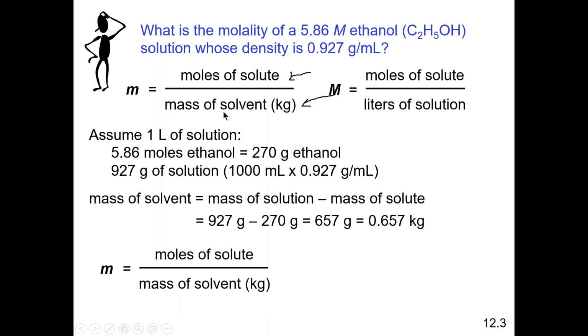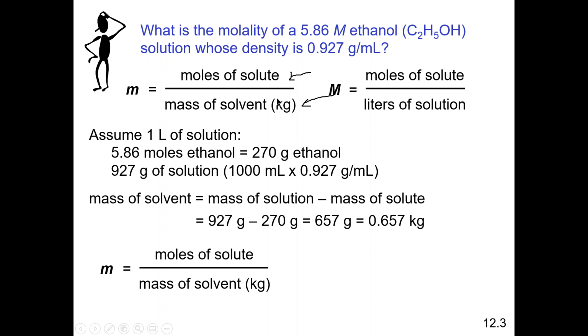Remember, in the definition of the molality, we need the mass of the solvent. So we take the mass of the solution and subtract from that the mass of the solute, which is ethanol, and that gives you 657 grams of the solvent, which we then convert to kilograms.